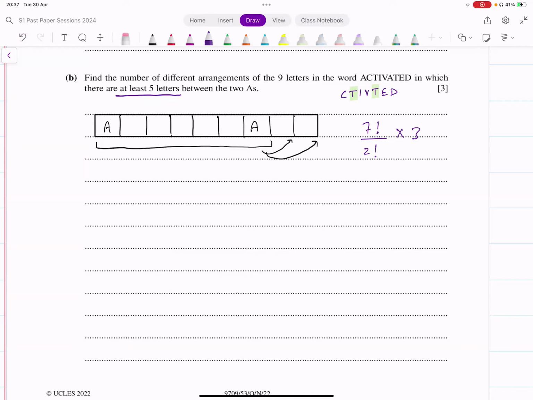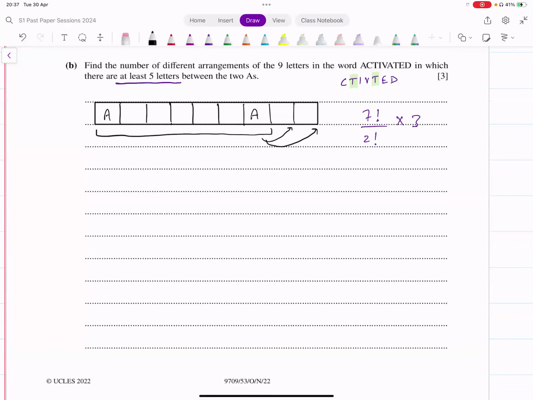Now that is what we get when you have exactly 5 letters. They want at least 5 letters. That means you can also have more than 5 letters. So what if you have 6 letters now? Let's think about that case. Let me just copy all of this.